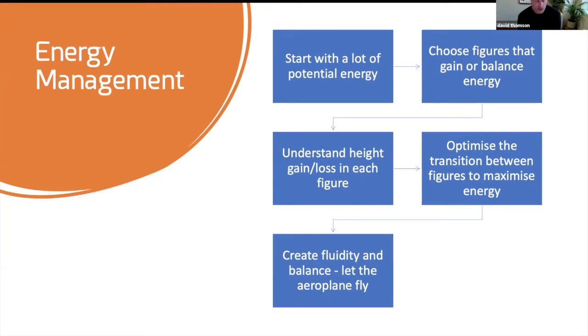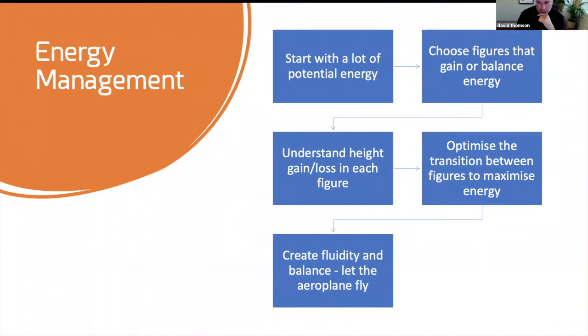So you either gain height or you gain speed, or it's neutral. You want to avoid figures that lose energy. So putting a tail slide in a free known, if it wasn't already there, would not be a good move, in my opinion.